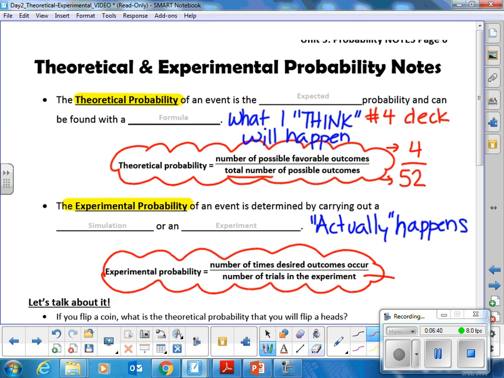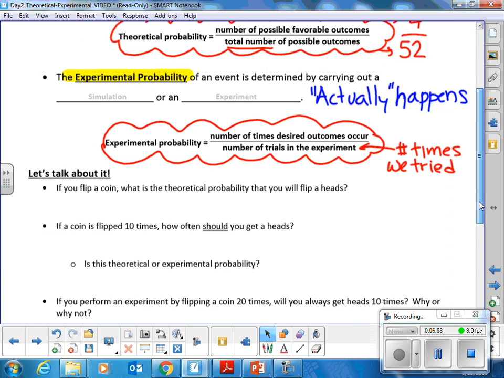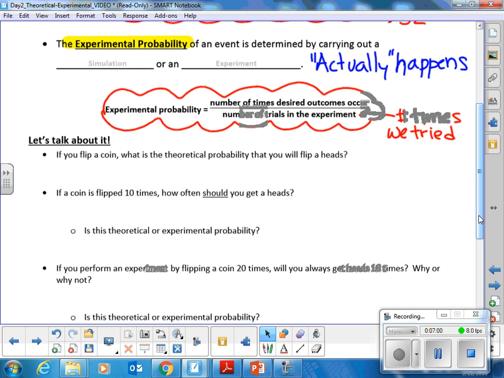So this is how many times we tried. So if I rolled a dice 10 times, the bottom number would be 10. If you are shooting free throws in sports, then your probability is based on how many times you've tried to make a free throw, how many shots you took.